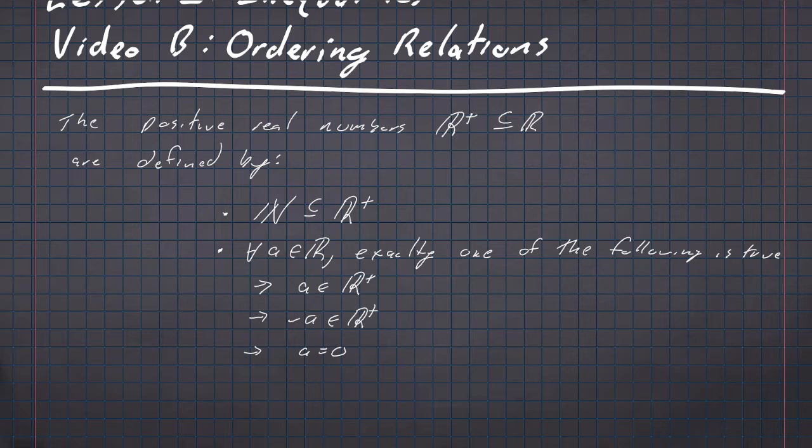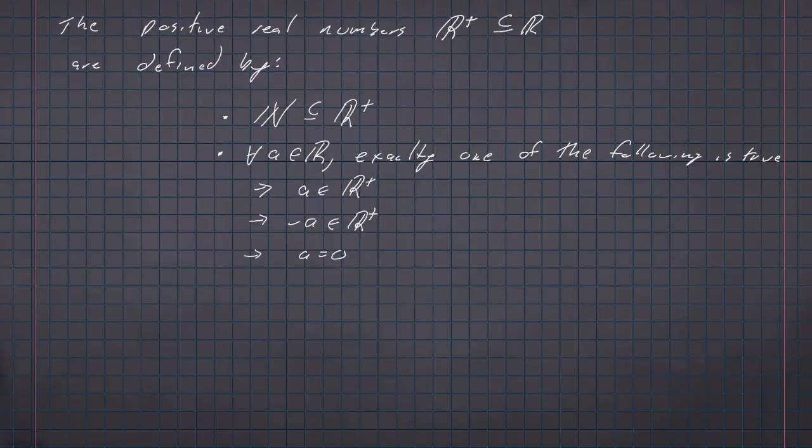So we can divide off the positive real numbers, and we can also get the negative real numbers and zero as three separate sets, but the positive real numbers are the only ones we're really going to worry about. That gives us something to work with.